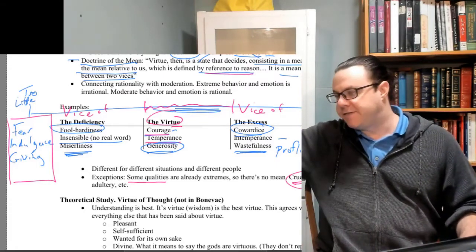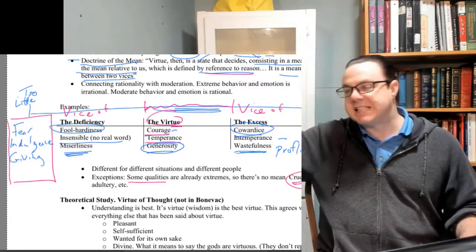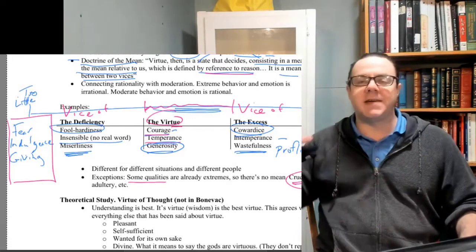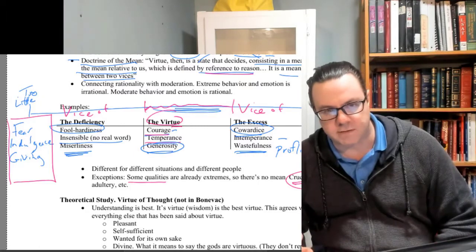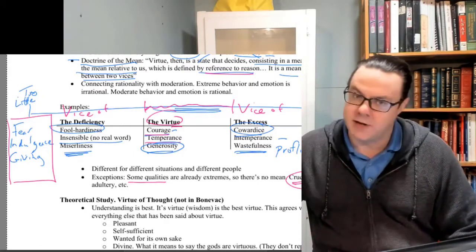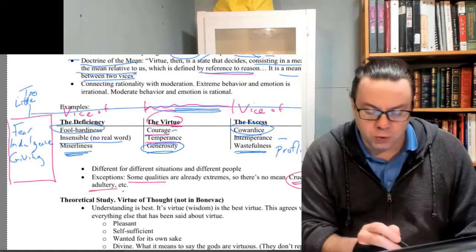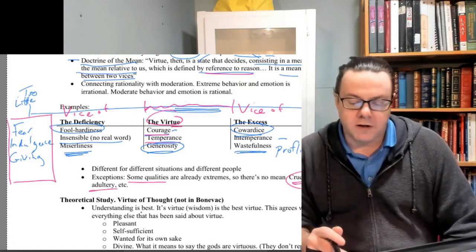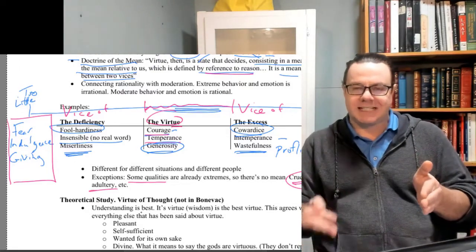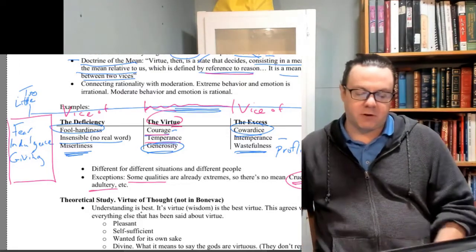That's having too much of something already. So it doesn't make sense to say a right amount of cruelty, because that would be like saying a right amount of too much of something, right? So cruelty, adultery, all these things are already negative terms. And so it's not like he's saying there's a right amount of all these.